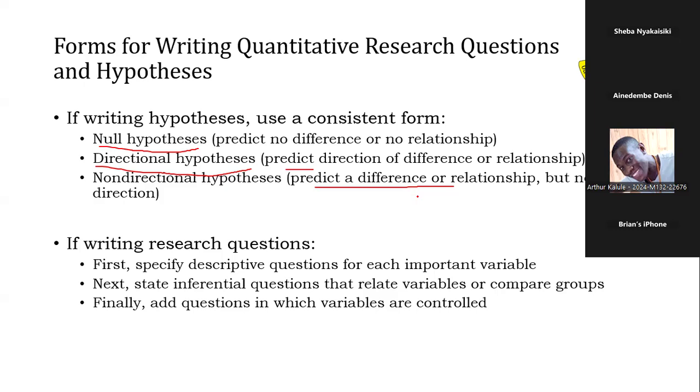So that would be a non-directional hypothesis, simply to show that there is an actual relationship, but doesn't propose the direction it takes, whether it's positive or negative. So those are the different hypotheses someone can predict.